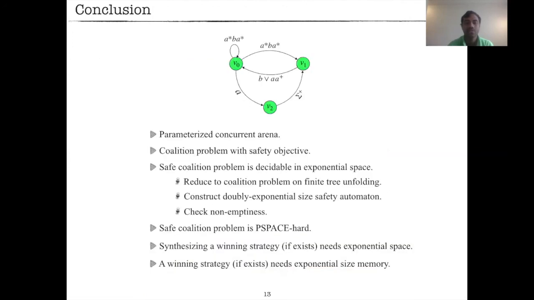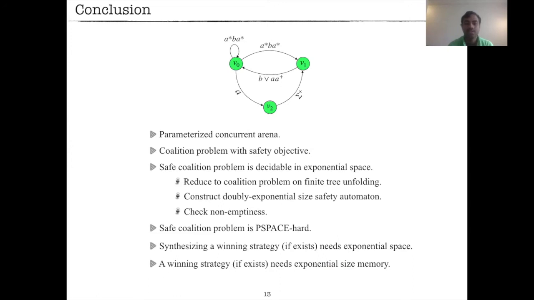Let me now conclude my presentation. We have defined parameterized concurrent game arenas, and we have defined coalition problems on these arenas with safety objective. We have shown that the safe coalition problem is decidable in exponential space.